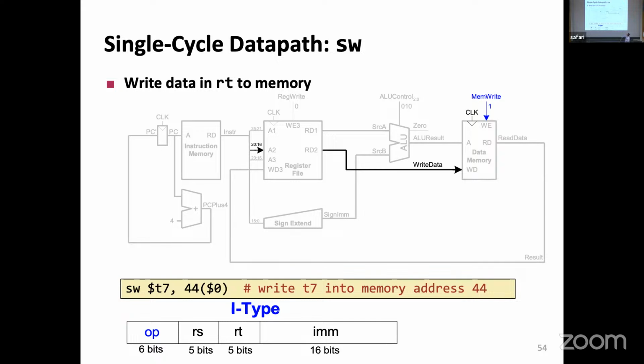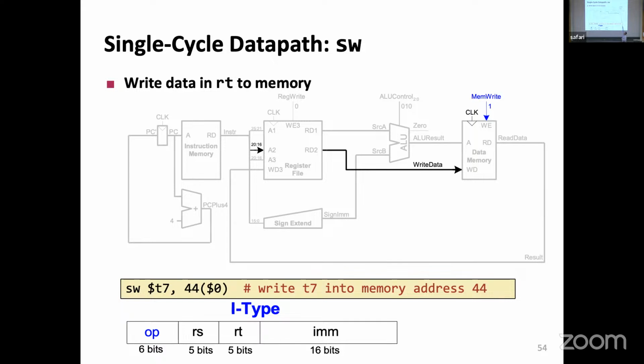The difference is this time I'm not writing to the register file. So I don't care what the input to the register file is or who goes there. I mean, I'm not writing anything to A3. But this register now, the T7, has to generate the value that gets written to the data memory. I have the address. I have the data that will get written.